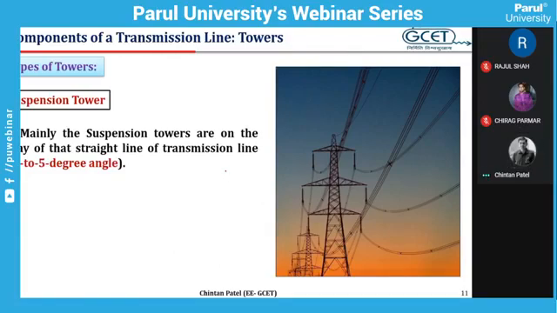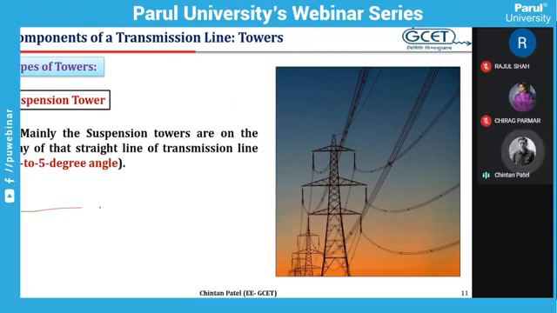Now let's see which are the various types of towers. So the very first type is suspension tower. Mainly the suspension towers are used where the transmission line is going straight or maximum there is an inclination up to 5 degree.